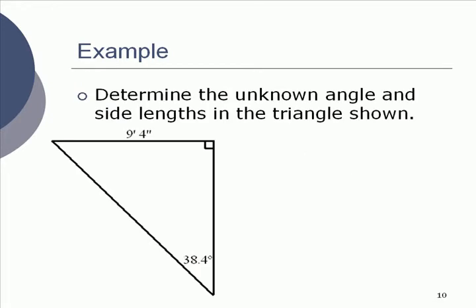Okay, well, let's go ahead and solve a right triangle here. I've got a triangle drawn with a 38.4 degree angle down in the bottom, and the top edge is 9 feet 4 inches. We want to figure out what the unknown angle and side lengths are for that triangle.